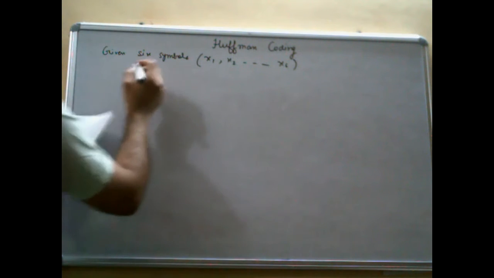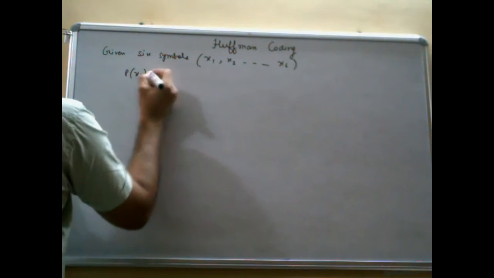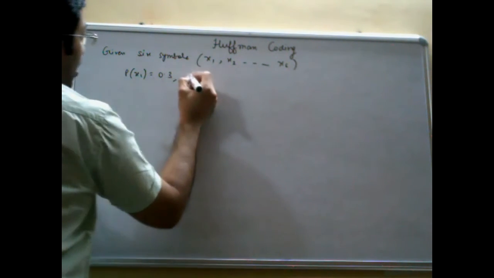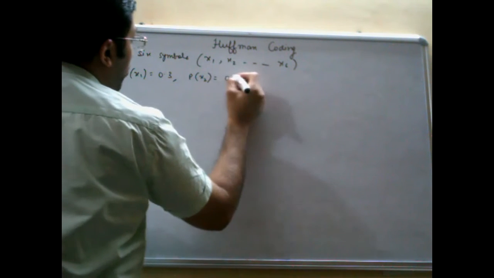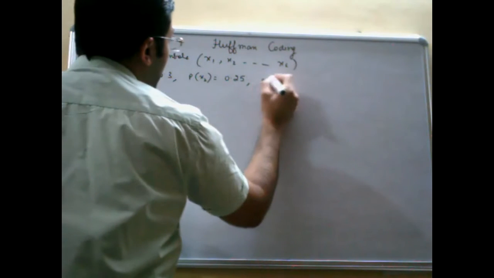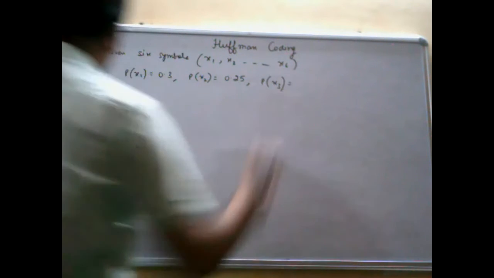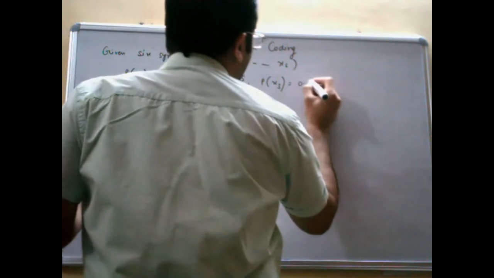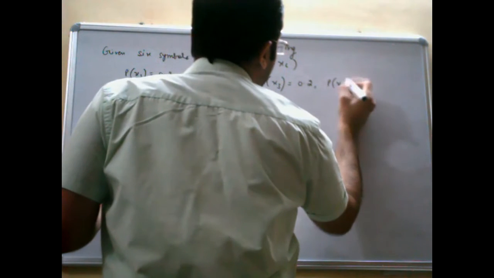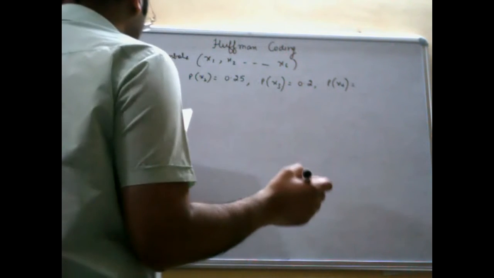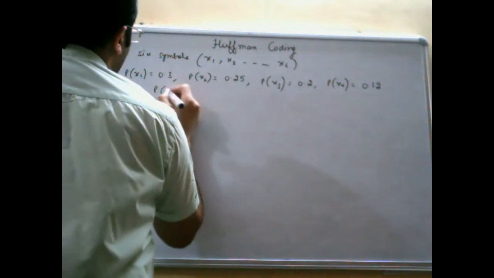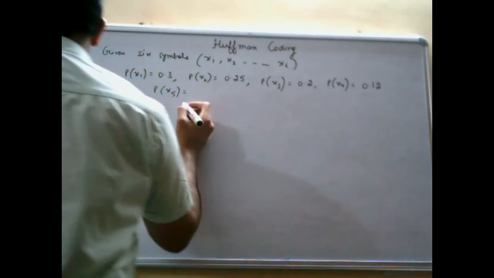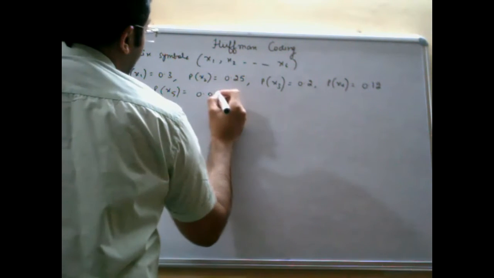The probability of x1 is 0.3, x2 is 0.25, x3 is 0.2, x4 is 0.12, x5 is 0.08.